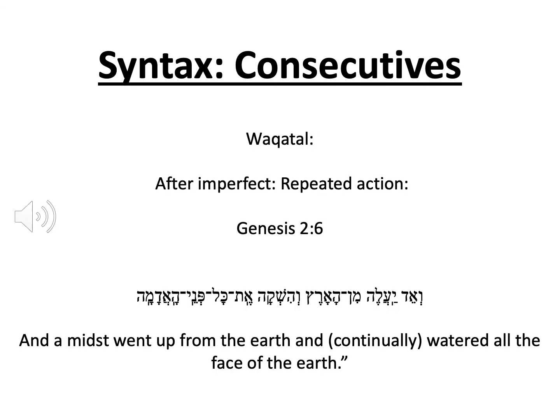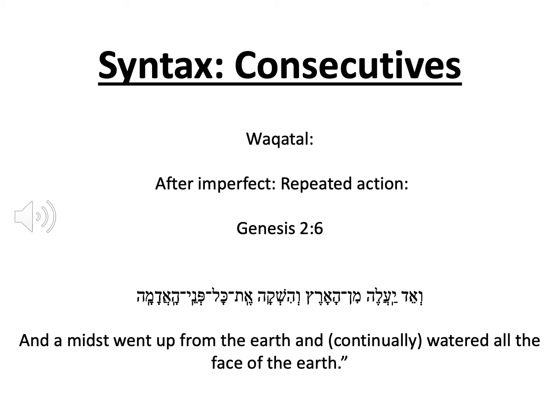In addition to the vayiktol form, we also have a vekatal form, where the vav plus the katal is used. If it follows an imperfect, the vekatal form is often used to indicate repeated action, such as Genesis 2:6, that tells us that a mist went up from the earth and watered all the face of the earth. The fact that the perfect is being used here following the imperfect, vaya'aleh, is telling us that this continually happened.